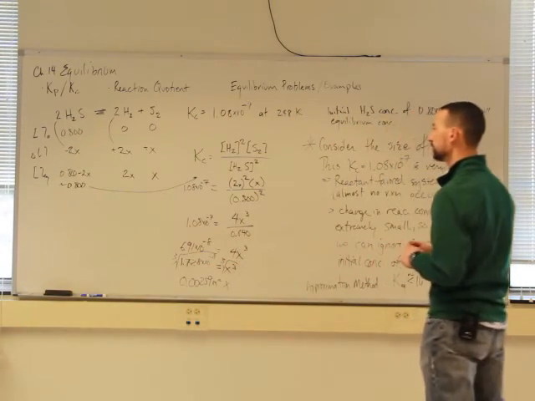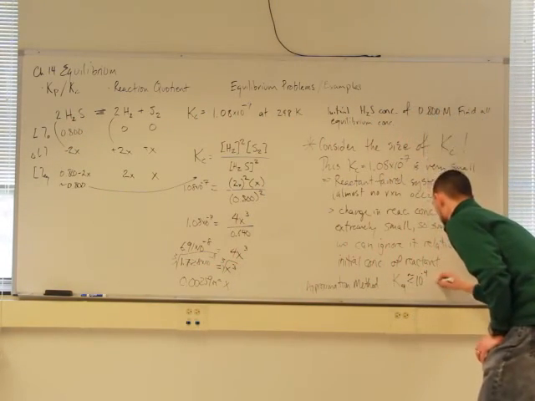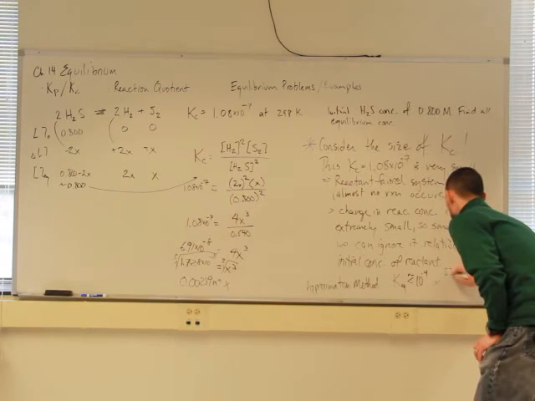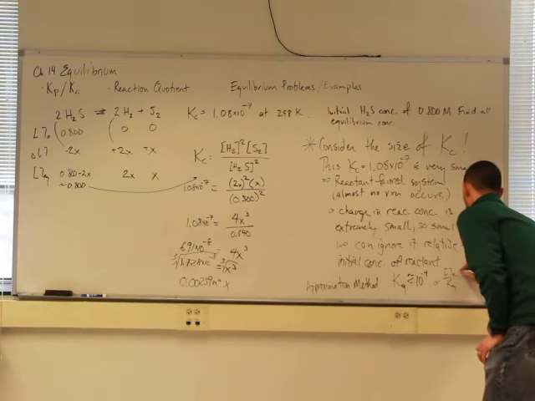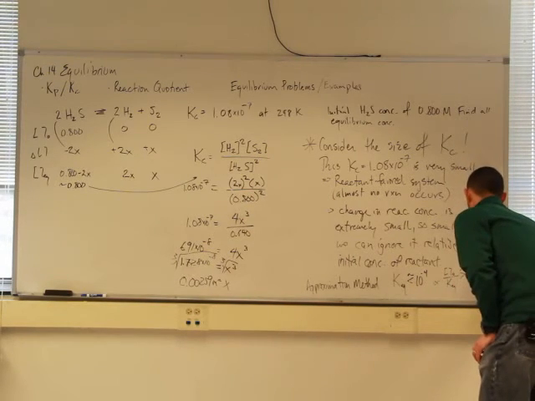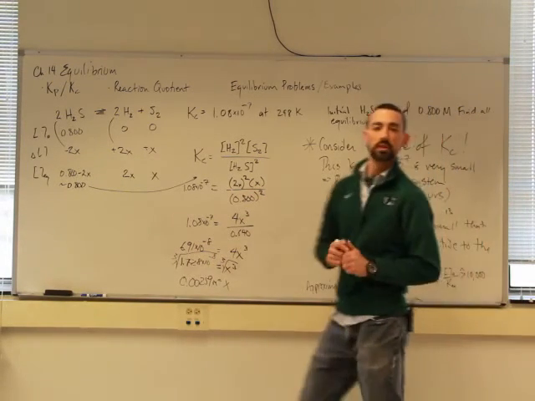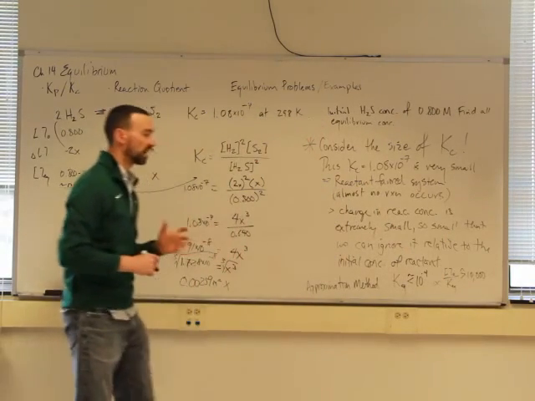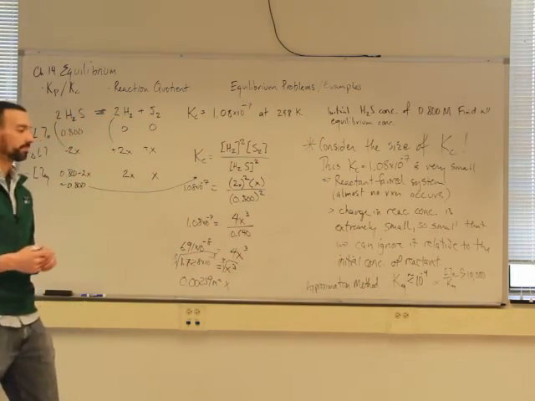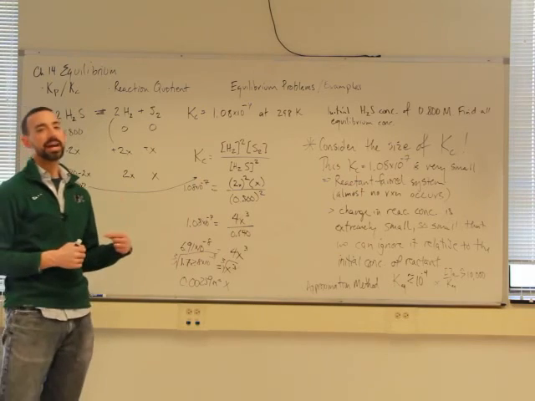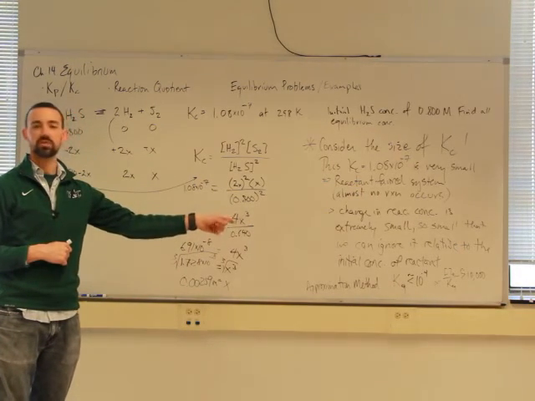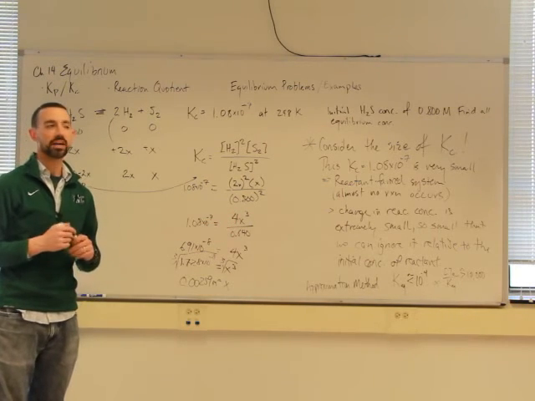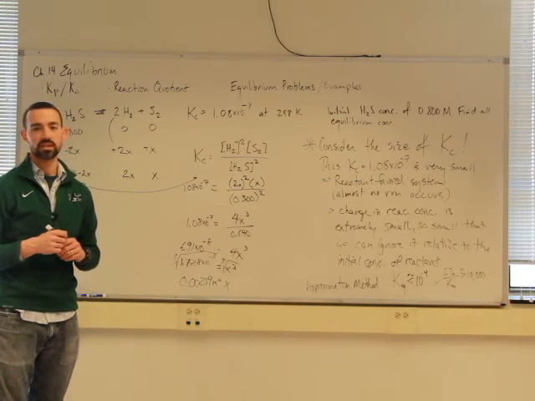A different way to do this, though, is to consider the initial concentration of your reactant divided by your KEQ. If that is about 10,000 or more, also it's going to be safe to make this assumption. All right. So now if you look back at the last problem, it doesn't fit on either one of those standards. And that's why we could not use the approximation method in that case.